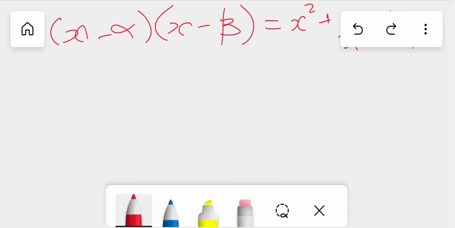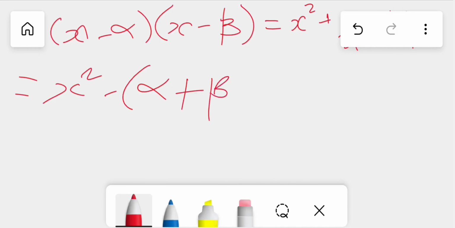After this stage, we're going to expand the left hand side. So the left hand side is going to be in this form: x² − (alpha + beta)x + alpha beta.